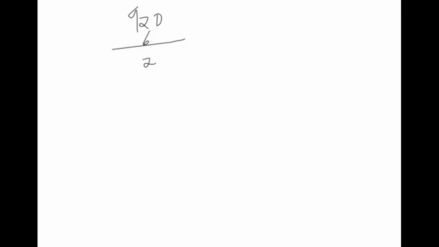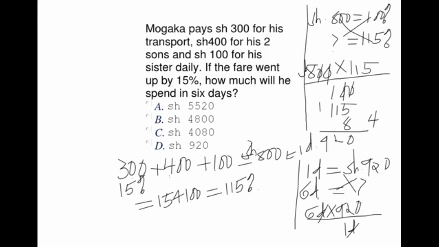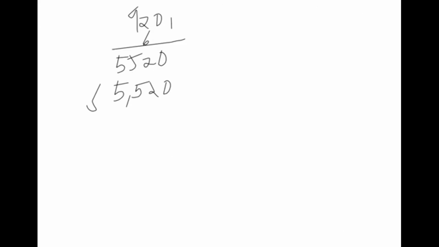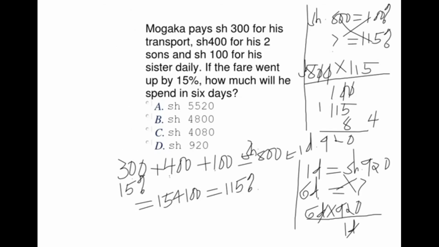This is 12. Carry 1. 9 times 6 is 54. 54 plus 1 is 55. And we have the 0. So we have 5,520 shillings. So for 6 days you will have to pay 5,520.